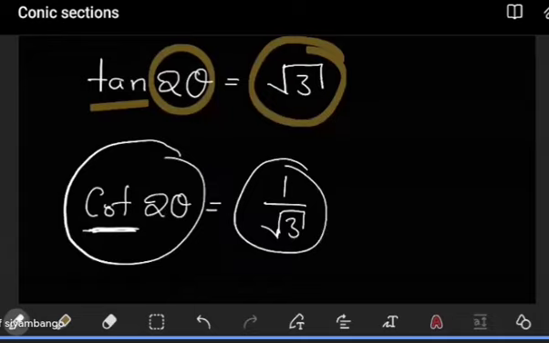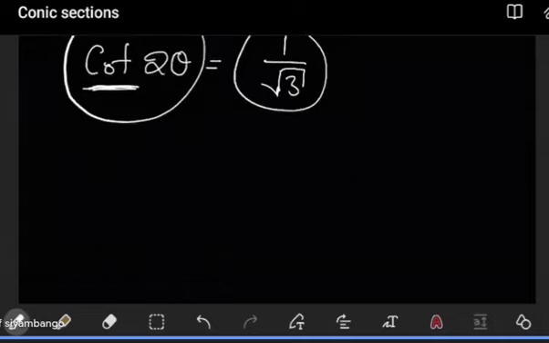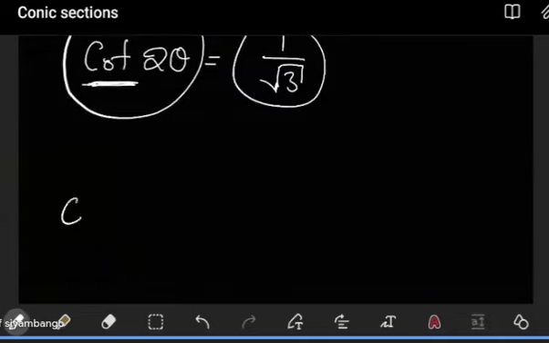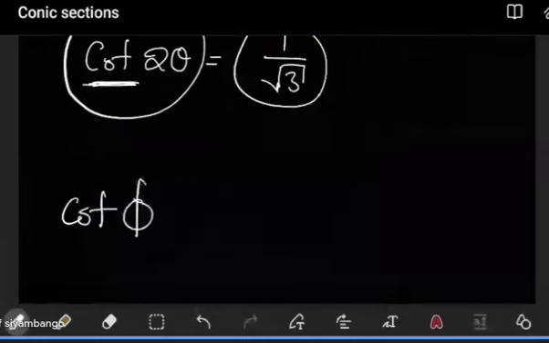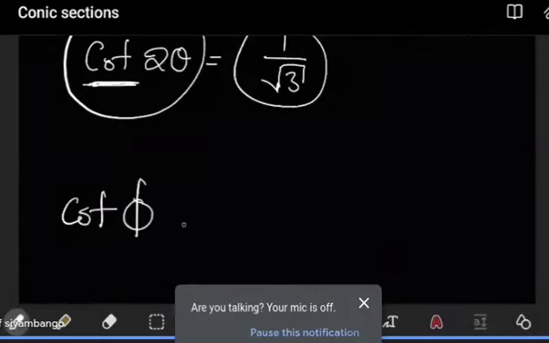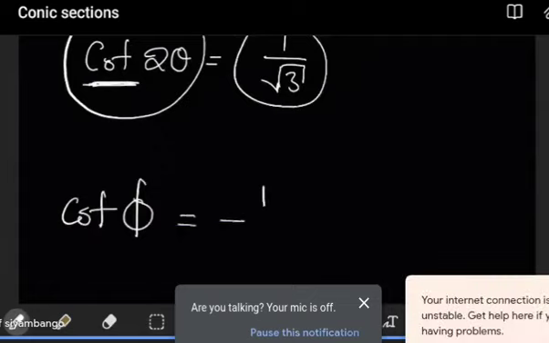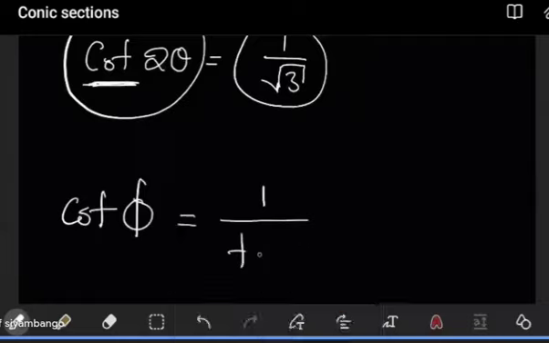So I related cot to tan. If you had cot, let's say cot phi, some angle phi, then this can be related to tan in the sense that it is just 1 over tan the same angle phi. Have you got that?